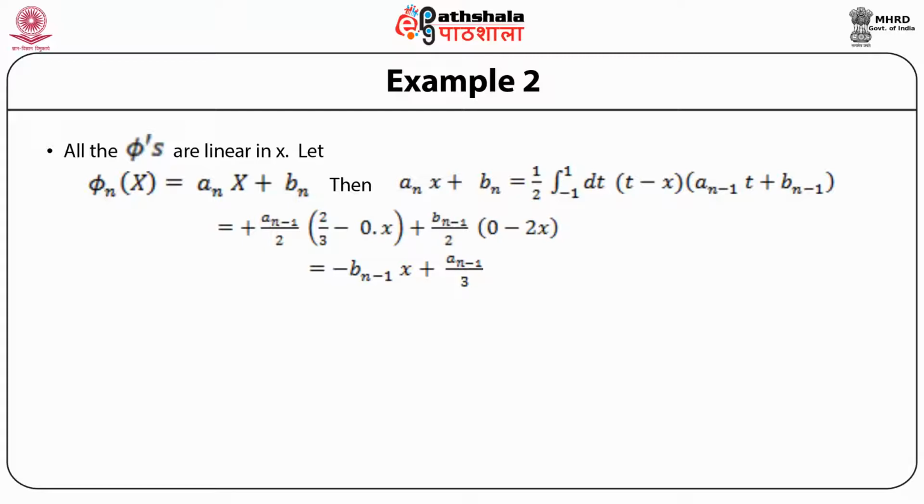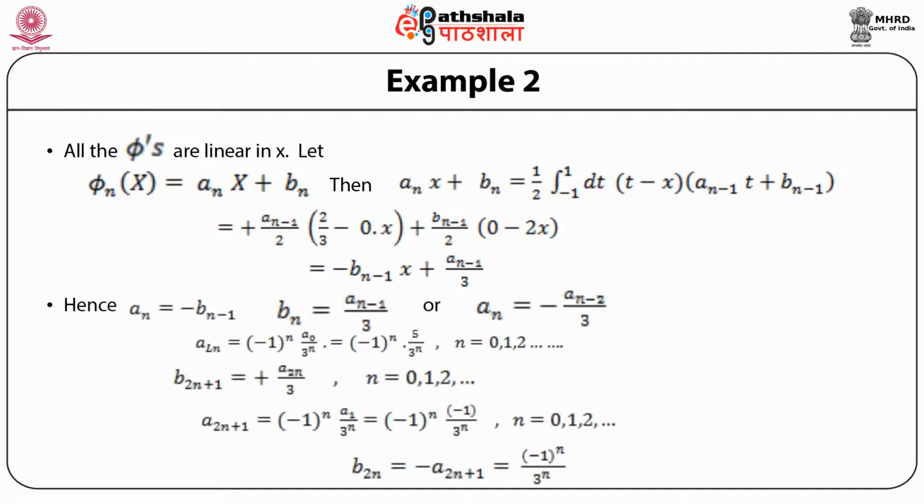So phi_n(x) will look like a_{n-1}/2 multiplied by 2/3 minus 0 times x, plus b_{n-1}/2 multiplied by 0 minus 2x, which is equal to minus b_{n-1} times x plus a_{n-1}/3. Hence a_n is equal to minus b_{n-1} and b_n is equal to a_{n-1}/3. Or alternatively, we can write a_n is equal to minus a_{n-2}/3.